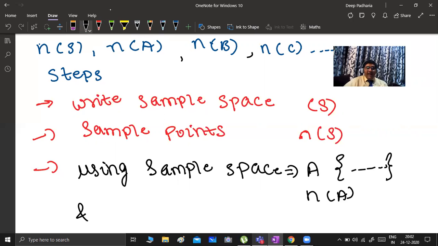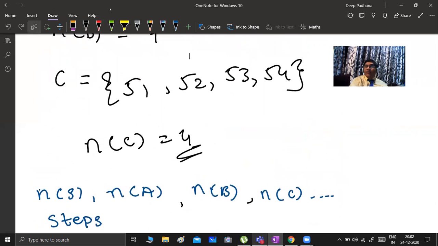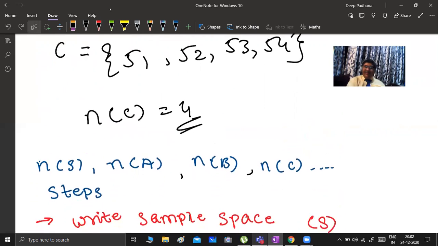And so on. This is just the simple pattern or the simple steps you need to follow while solving this type of questions.